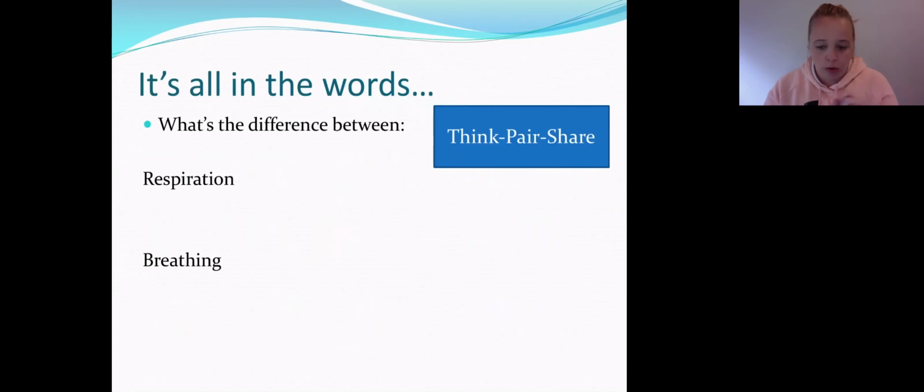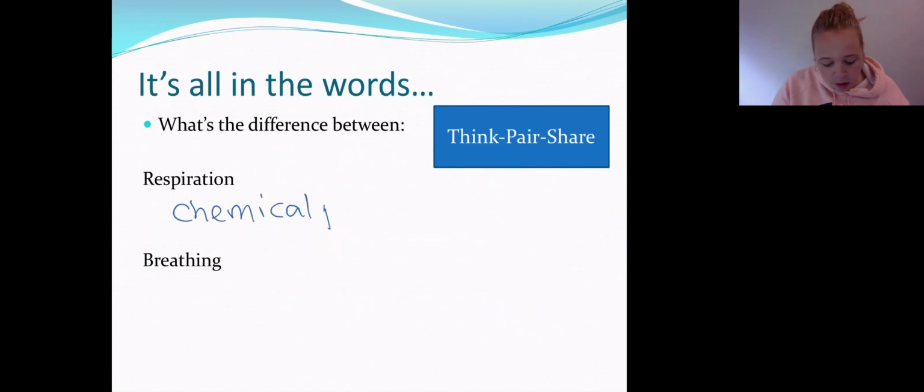There are 2 little ones that I'd like us to think, pair, share. These are in your notes. What's the difference between respiration and breathing? If you want to stop, have a think, write down your idea, and then check. So I'm going to talk about respiration. Respiration is the chemical process that we're talking about right now. You can always check the answers in the section of the notes to get a longer version of this.